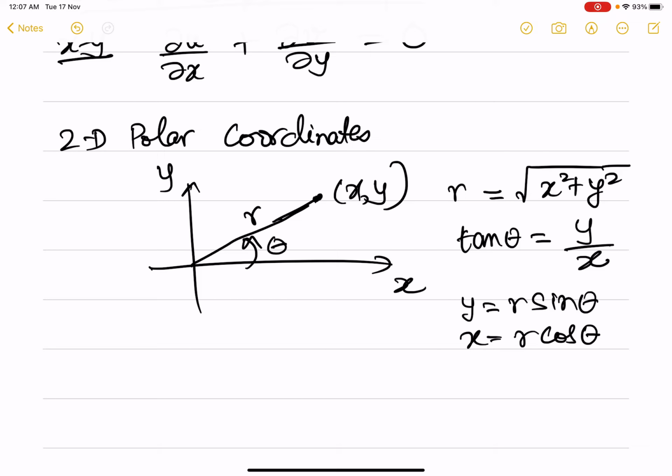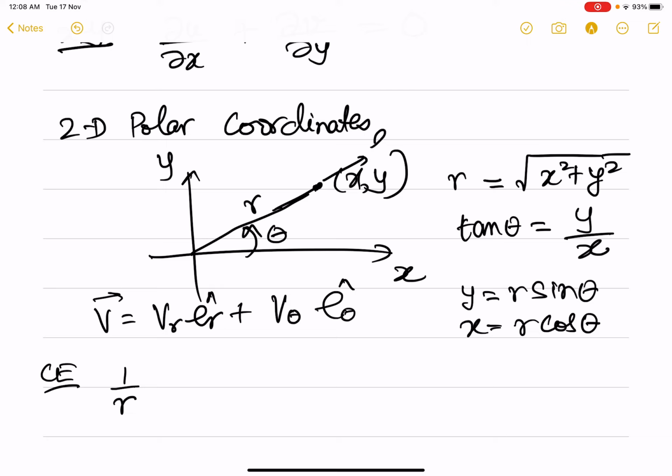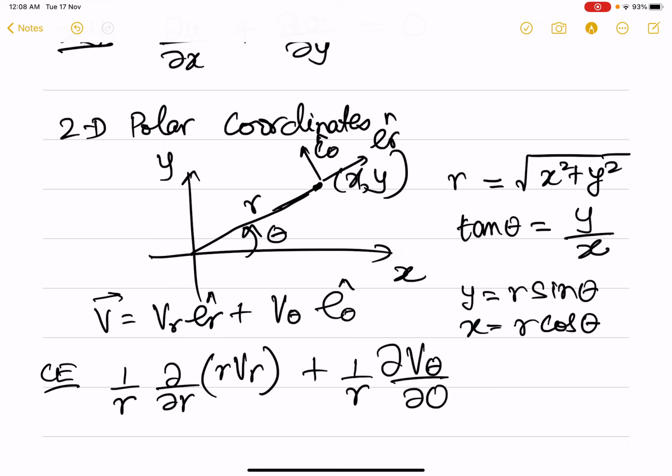Now if we look at the continuity equation, and I will give you a handout for this, the velocity vector will be equal to Vr Er plus V theta E theta. If you recall, this is the Er vector, this is the E theta vector. So the continuity equation becomes 1 over r partial by partial r of r Vr plus 1 over r partial V theta by partial theta is equal to 0.